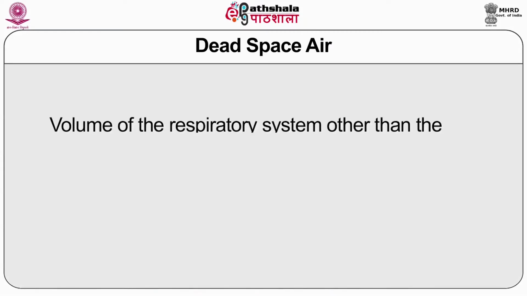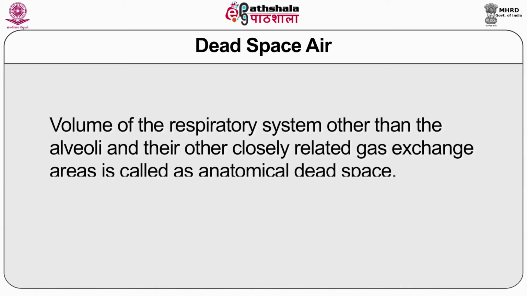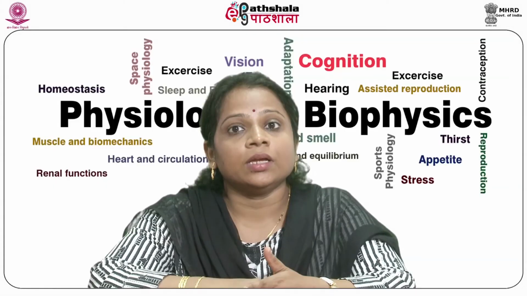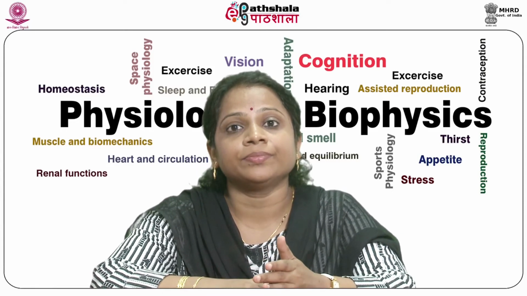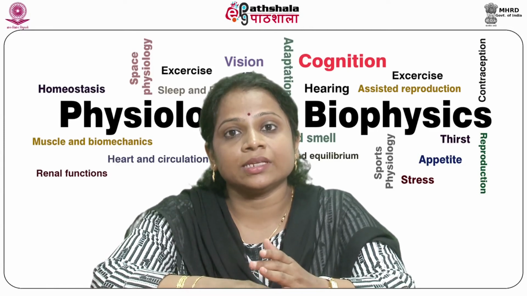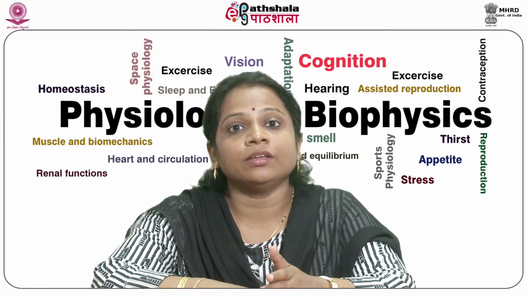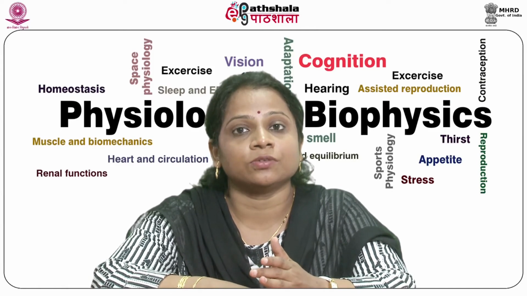Volume of the respiratory system other than the alveoli and their other closely related gas exchange areas is called anatomical dead space. Some of the air a person breathes never reaches the gas exchange areas, but simply fills respiratory passages where gas exchange does not take place, that is conducting zone.